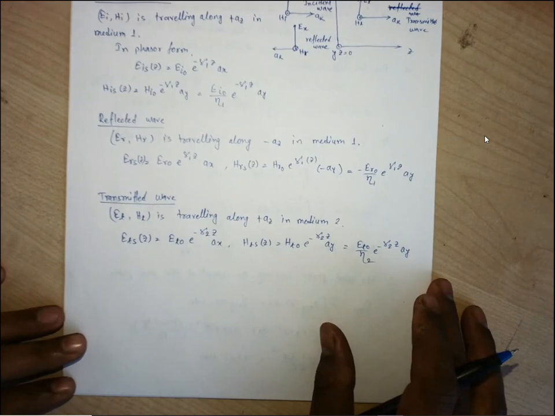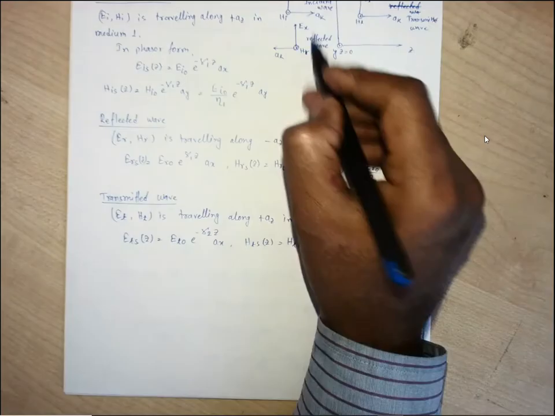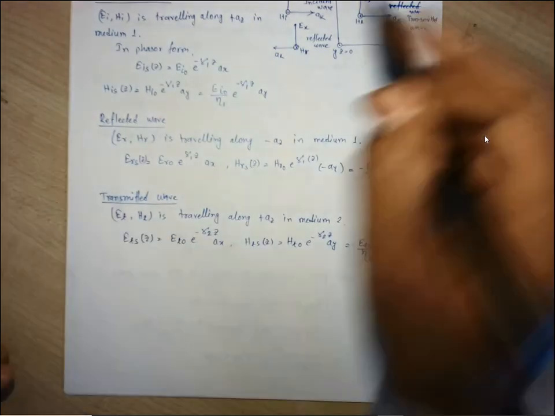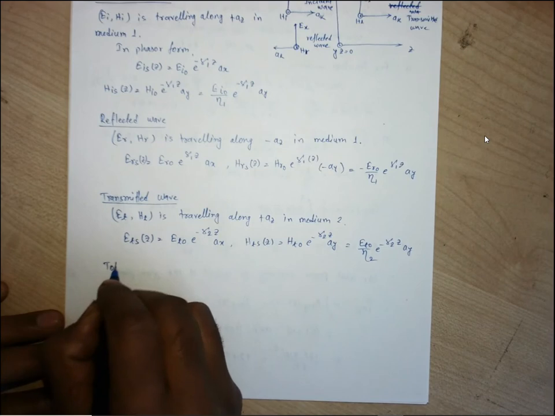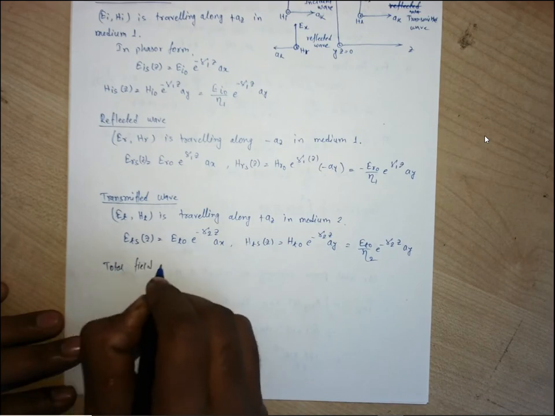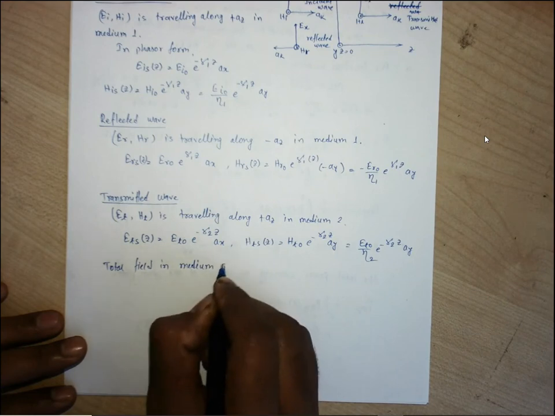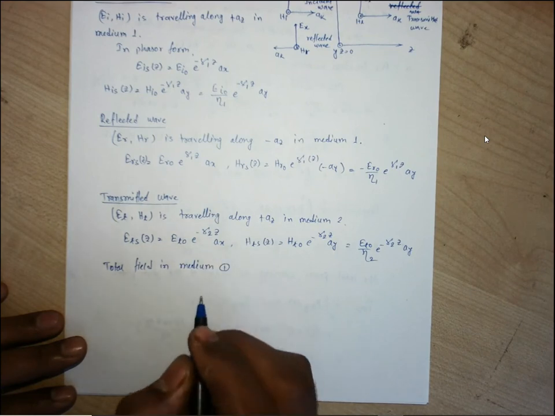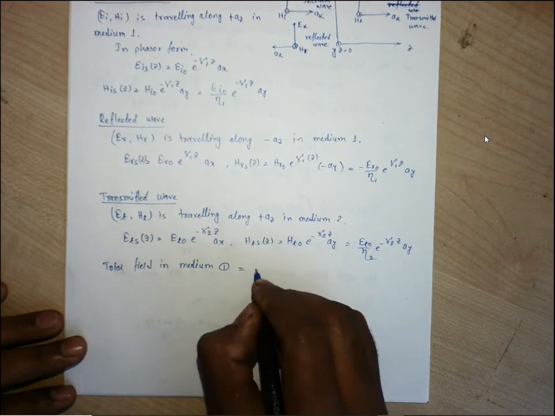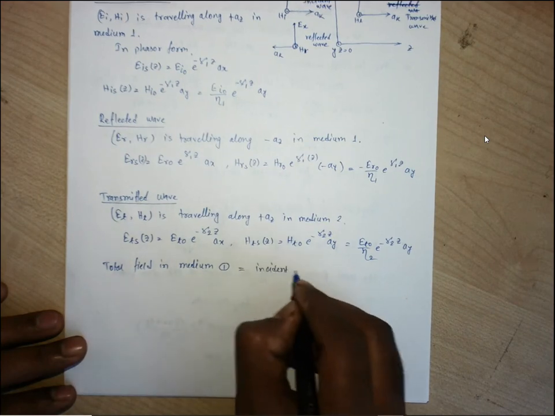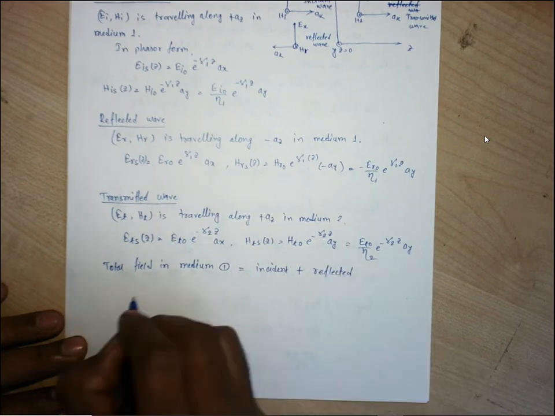Now the total field in medium 1 is the incident and reflected. The total field in medium 2 is only the transmitted, right? Total field in medium 1 equals incident plus reflected, that is E1.